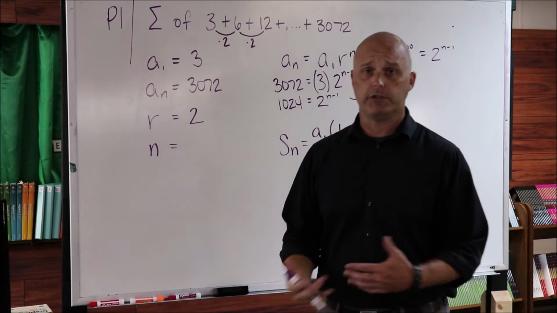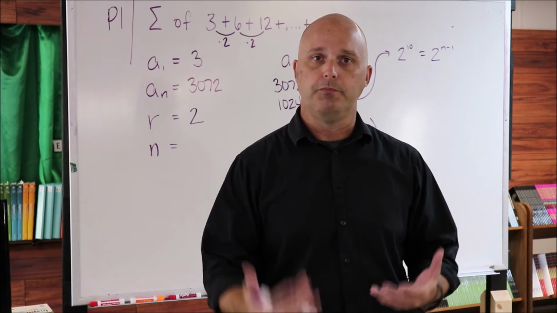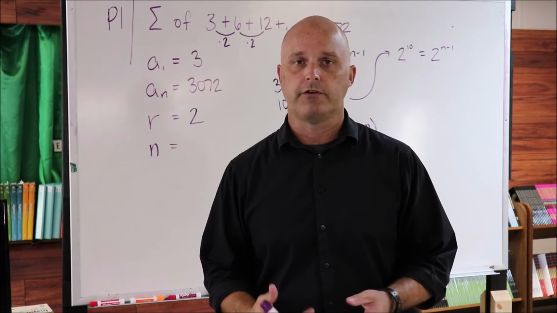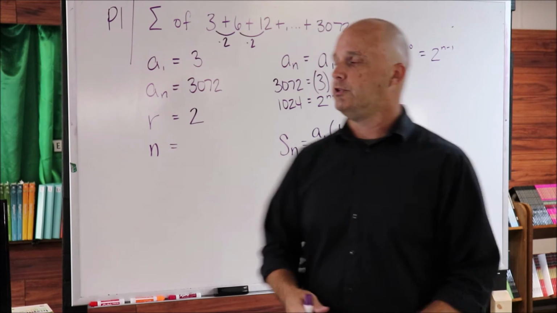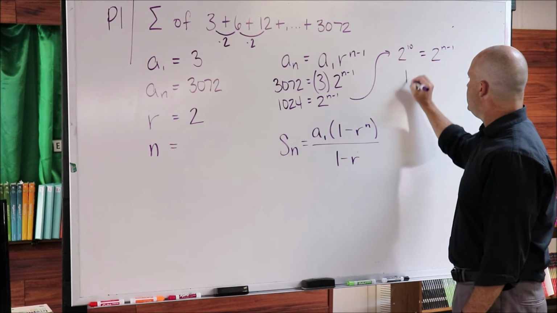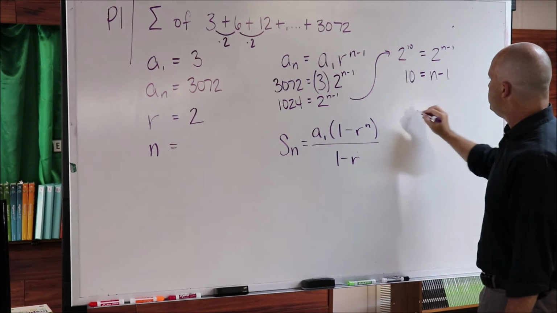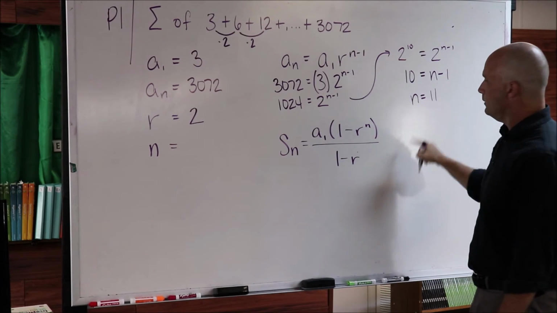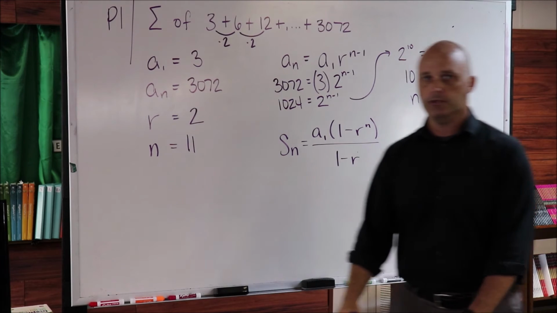Now if you recall from when we talked about exponents and logarithms, anytime that you've got two bases that are the same and they're set equal to each other, we can drop the bases and set the exponents equal to each other. So now we've got 10 is equal to n minus 1, which means that n is going to be equal to 11. So we can come over here and identify that n is equal to 11.